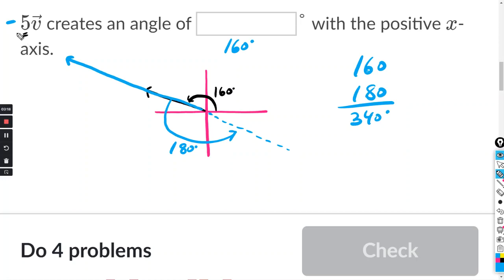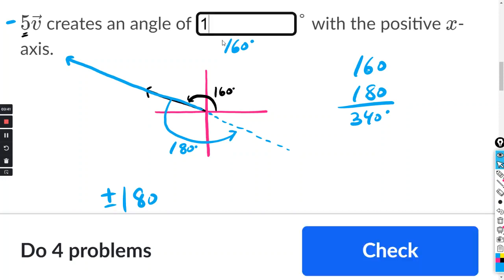So if the scalar multiple is negative, you would have to add or subtract 180 degrees depending on where you are on the graph. Remember they said they want their answer between 0 and 360. But in this case, nothing changed, so it remains at 160.